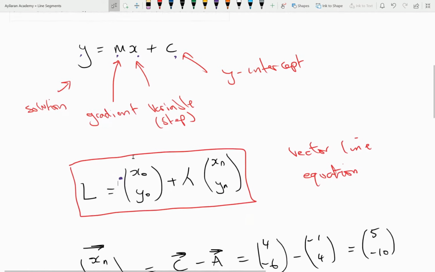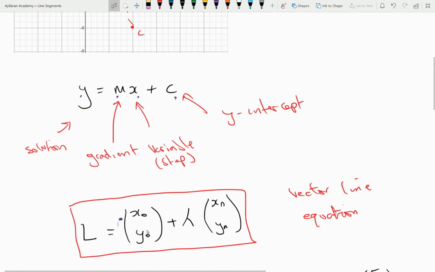I've chosen A as my initial vector point. I go in a certain direction, and that's what I've given as xn, yn. And I go in a certain step in that direction, and that's the symbol lambda that I've given as the step in direction.